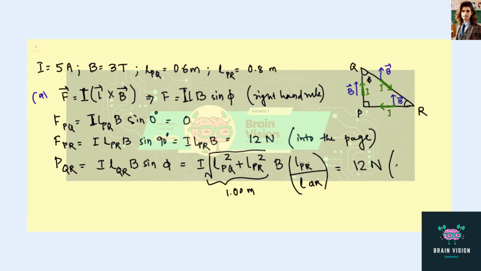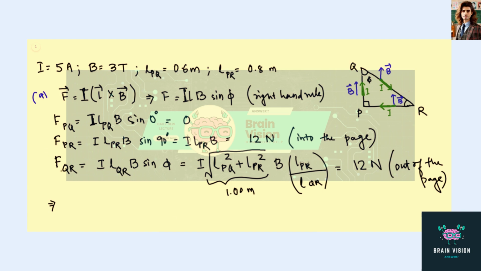But the direction is going to be out of the page. We don't need to find QR explicitly, because these just cancel out ultimately.